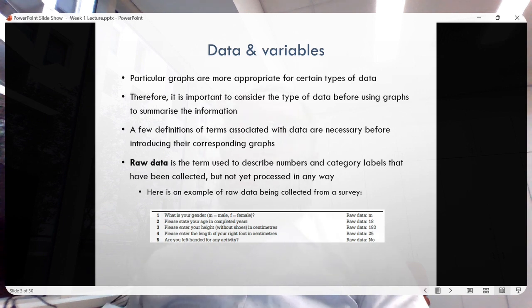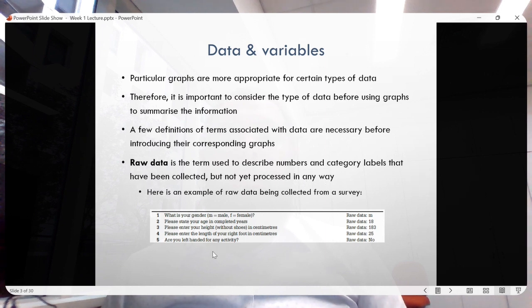So first of all, looking at the definition of raw data. The term is used to describe numbers and category labels that have been collected but not yet processed in any way.